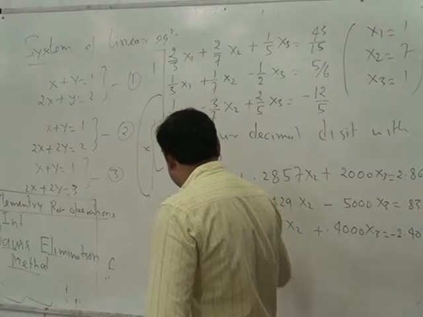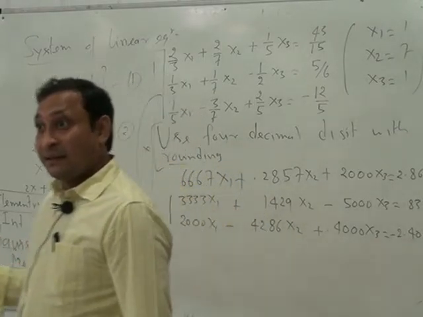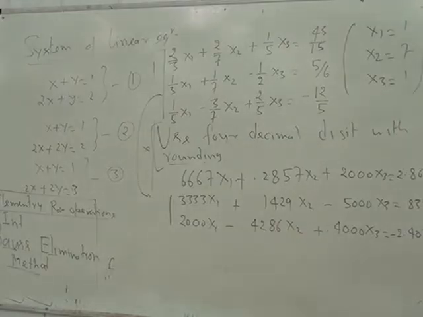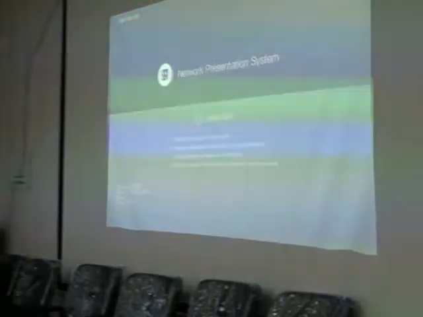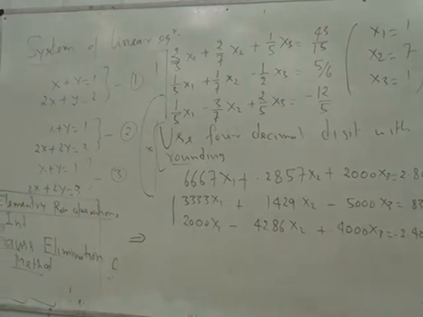This is what I am saying: make these two entries 0, like you do in 5th class. Only the entries are different here. If you do that, I will get it. I will write because there is more time.